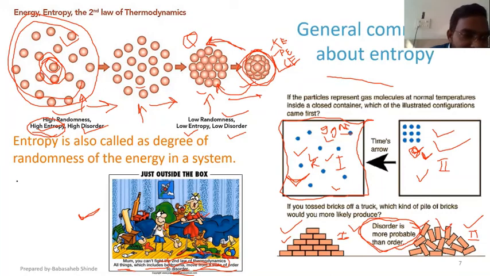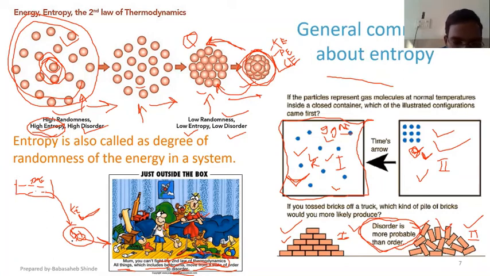Means if there is one dam in which a certain amount of water is stored, this is now potential energy, right? If I release water from here, that water will get converted into kinetic energy. If I drop this water on a turbine, the turbine will rotate and electricity will be generated, and while rotating, suppose there is a certain amount of friction and all, and there is generation of heat.